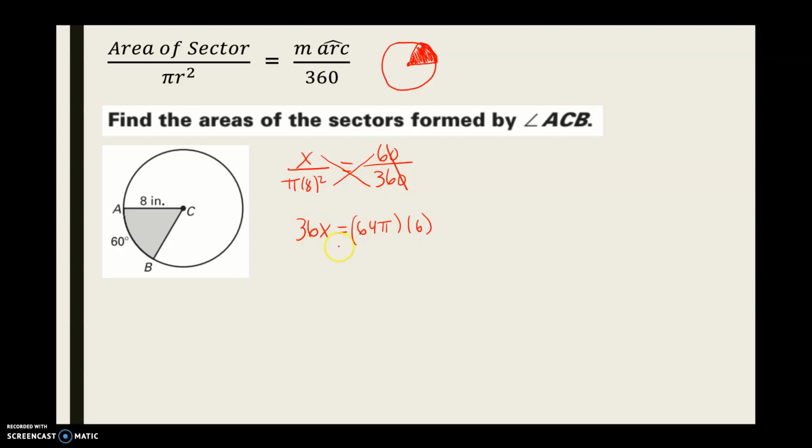And then to get x by itself, I'm going to divide both sides by 36. So in your calculator, you should be doing 64 pi times 6 divided by 36. And you should get your area of this sector, x, to be approximately 33.5.